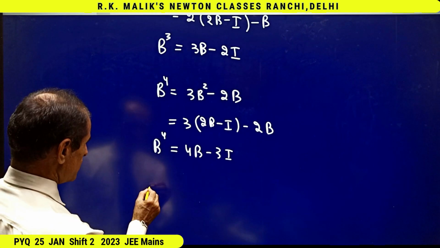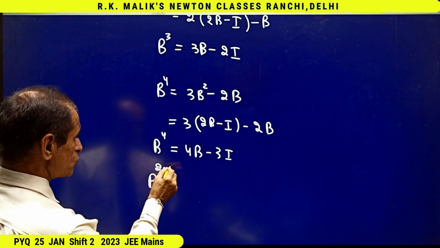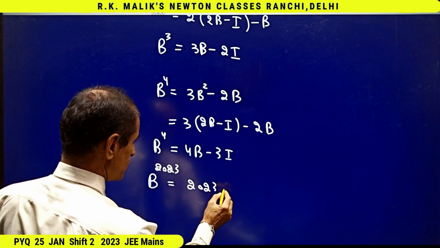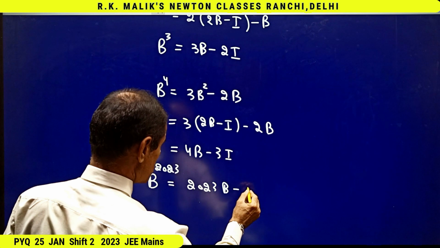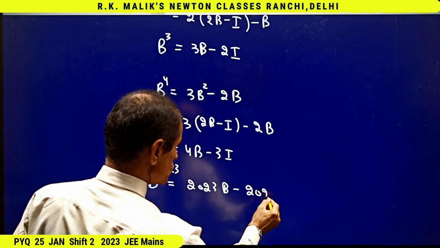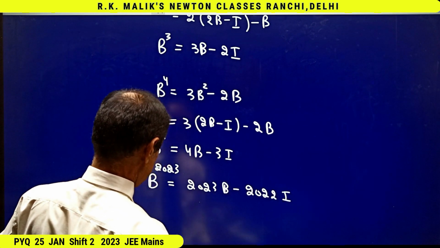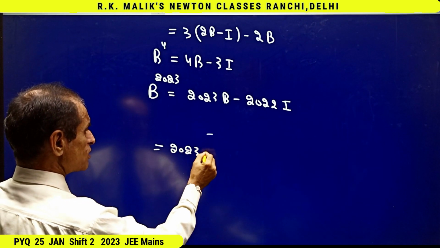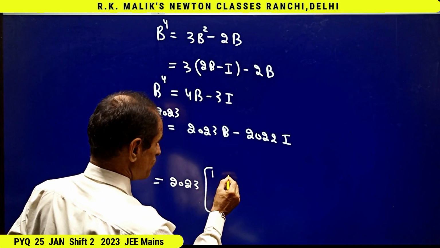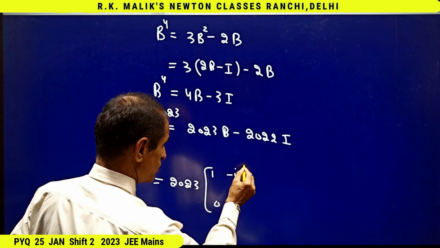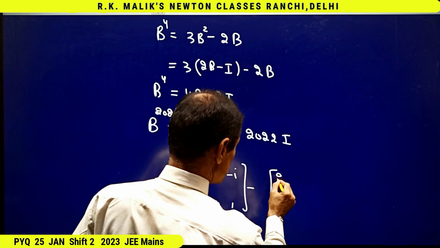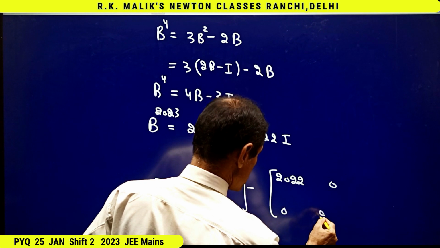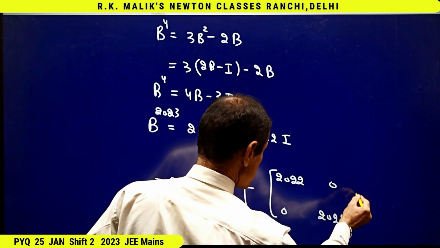Keeping this symmetry in mind, I can say B to the power 2023 will be equal to 2023 B minus 2022 I. That is, it is 2023 times 1 minus i, 0 1, minus 2022 times 1 0, 0 1.